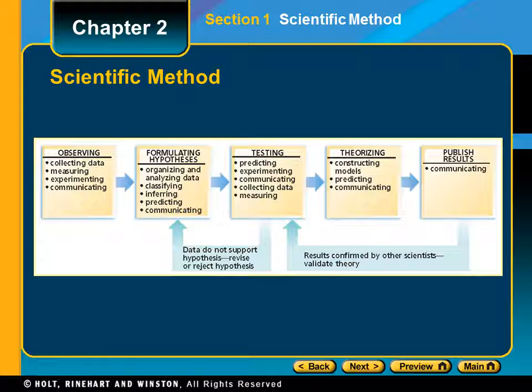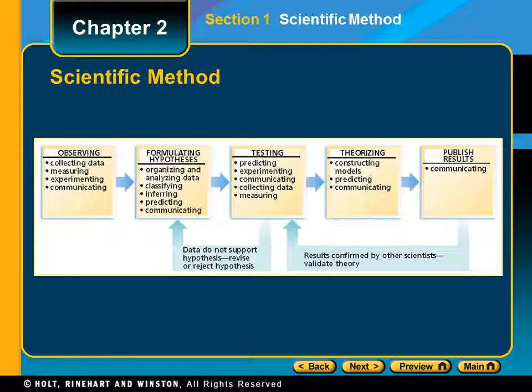All this follows from this flowchart, where you see we have observations being made, and those observations lead to the formulating of a hypothesis, which will classify. They'll be predicting, and that leads to testing. If the testing creates data that doesn't support the hypothesis, notice you move back to your hypothesis and you rework it.